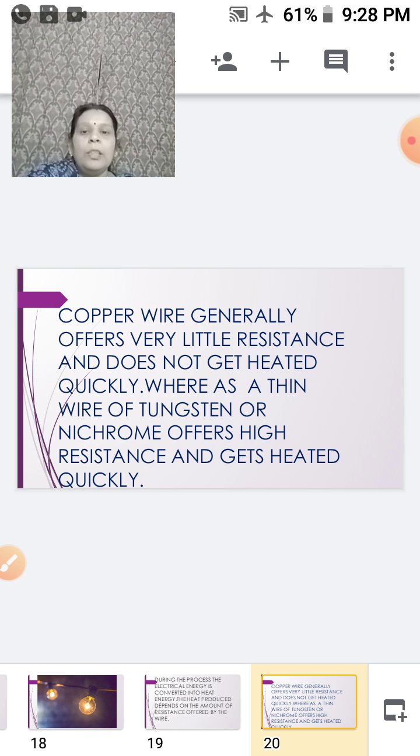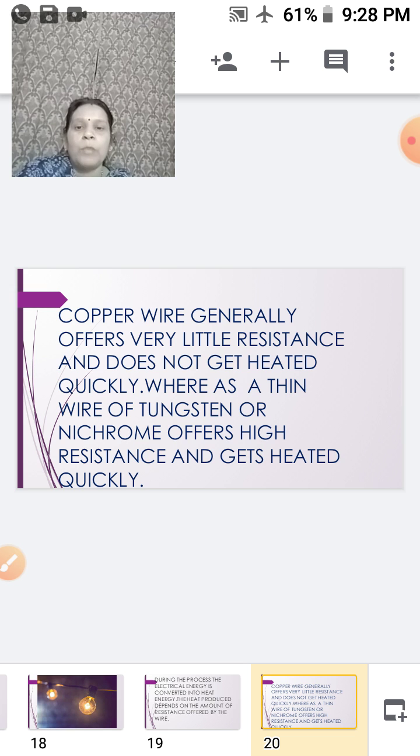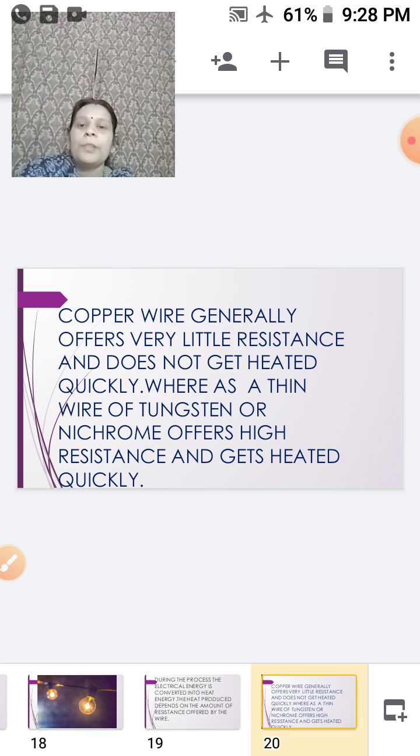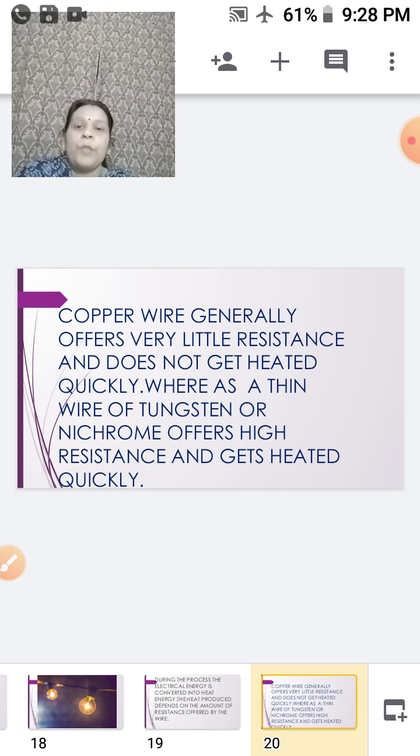Whereas wires of tungsten or nichrome have very high resistance, so they get heated up very quickly. So here we are just talking of the bulb, and within the bulb, as you know, the filament is made up of tungsten wire, so it has high resistance, and since it has high resistance, it gets heated up very quickly.